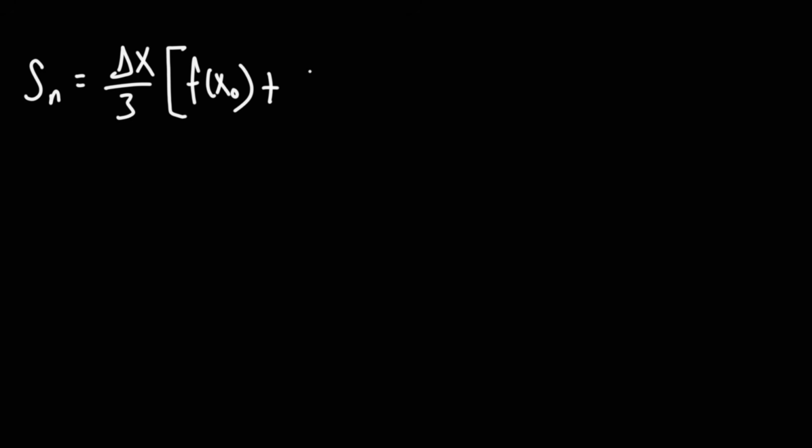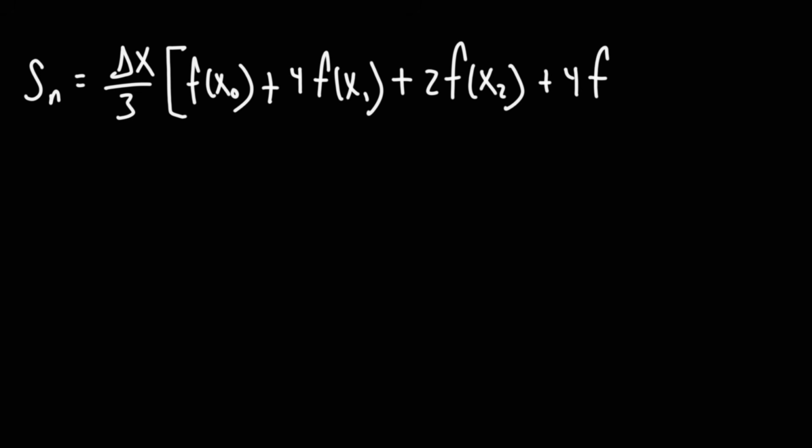Now let's talk about Simpson's rule. S sub n is equal to delta x over 3 times f of x0 plus 4 times f of x1 plus 2 times f of x2, and then 4 times f of x3, and the pattern is going to alternate between 2 and 4 for the middle terms.